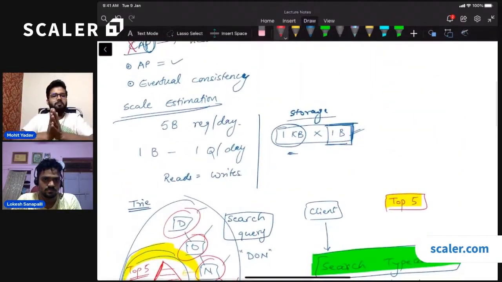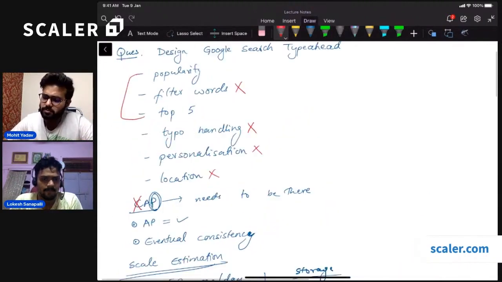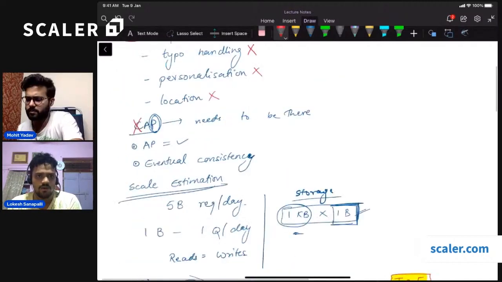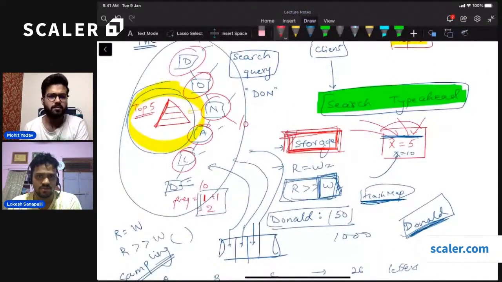Cool. Anything else that you want to add, Lokesh, on the problem that we have discussed? On the backend, I think that's it. Just one thing is that maybe on clients we need to add throttling, like we said, debouncing.